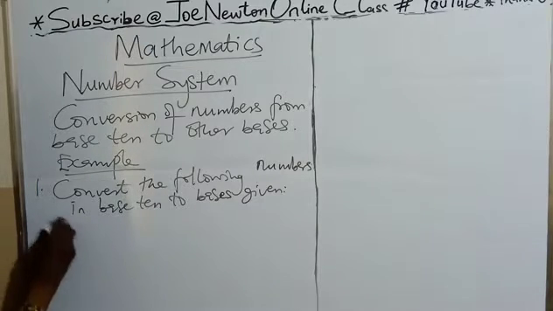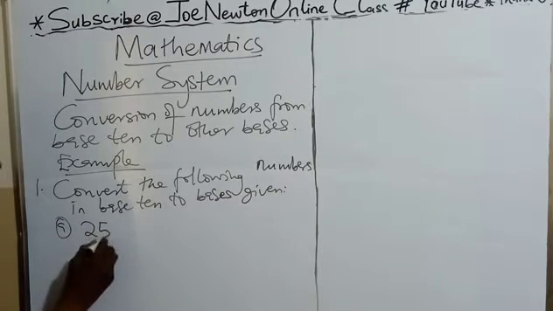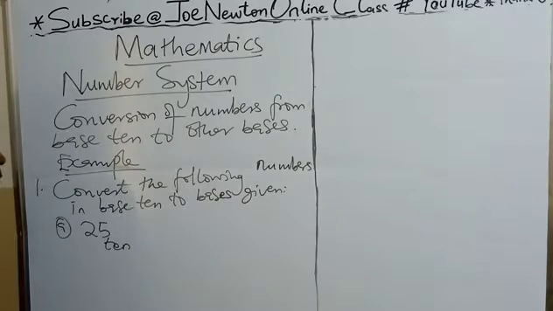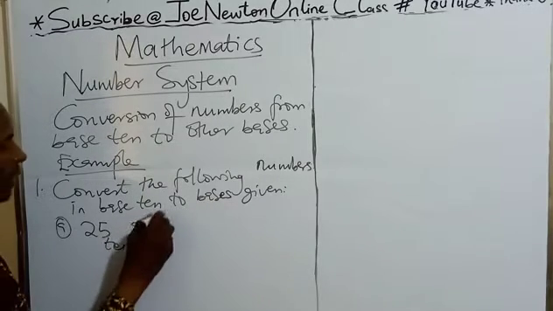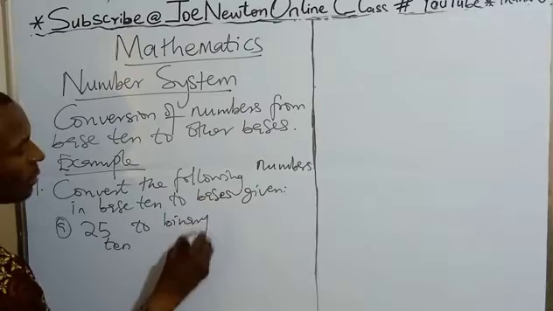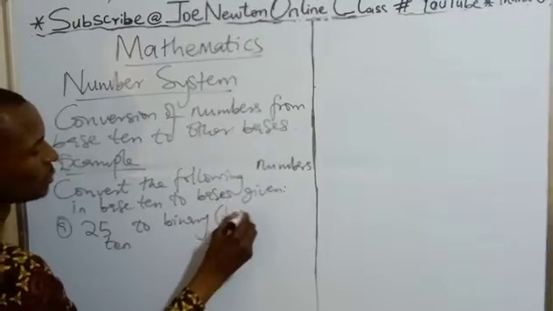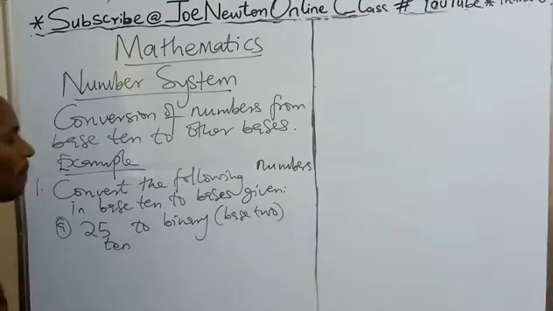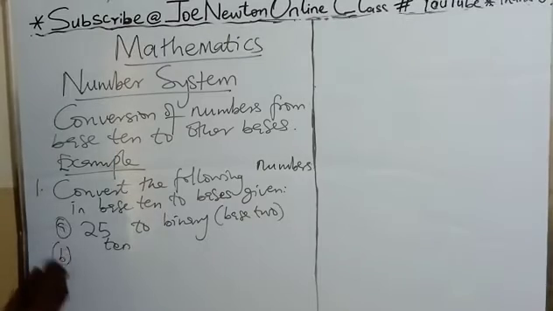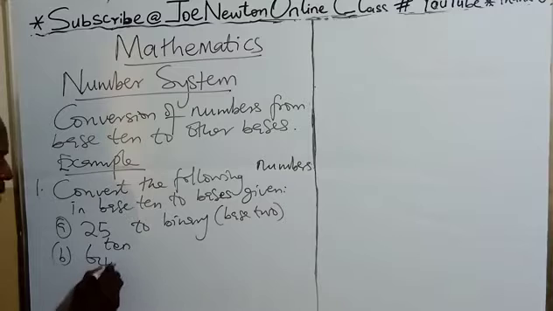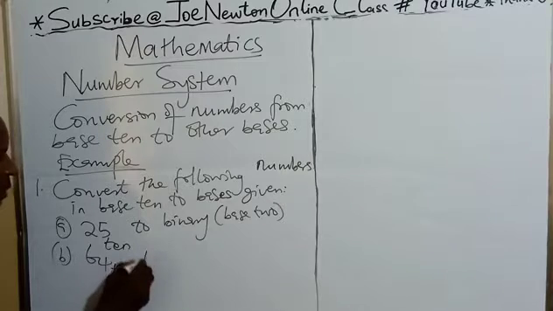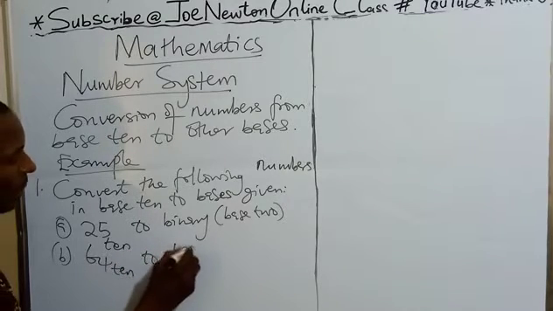A, let's say 25 base 10 to binary, that is base 2. Then question B, conversion of 64 base 10 to base 5.